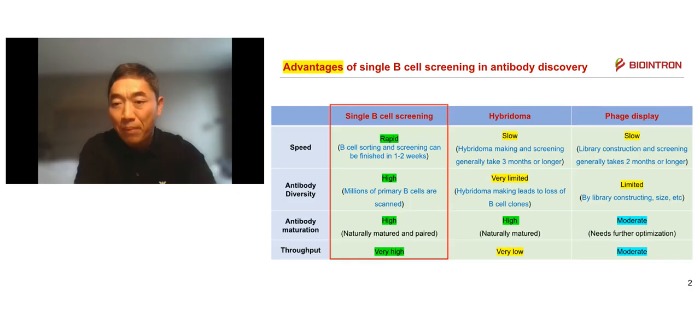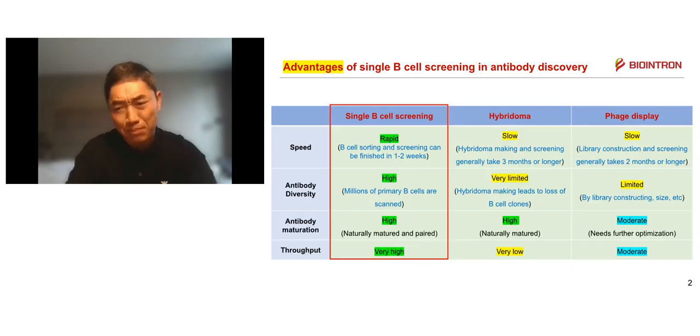For antibody maturation, I would say both hybridoma and single B cell screening are fine because they are both screening the primary mature B cells. But for phage display, it's less so, because you have to display the antibody sequence on phage. From a phage, which is a non-mammal system, to a mammal system, there may be a gap.